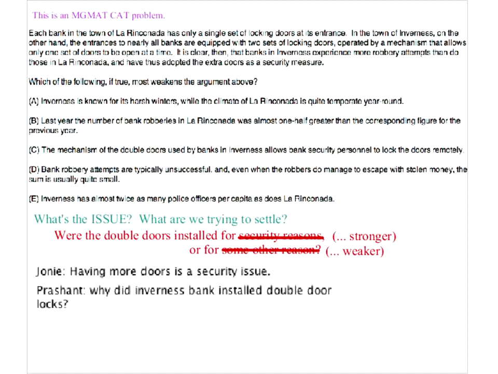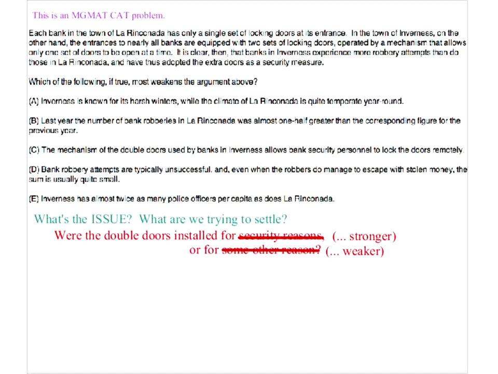So let's talk about these in order of popularity here. A lot of people like choice C, but let's talk about what choice C means. What's the only reason why security guys would want to lock doors from a remote location?